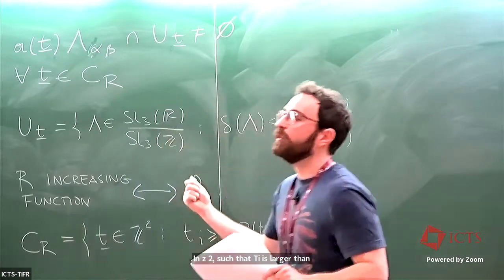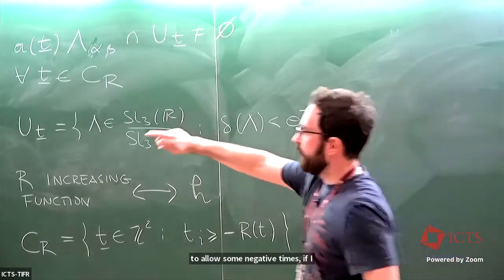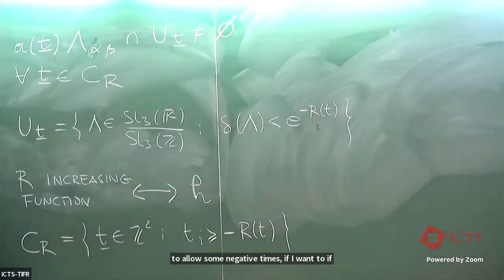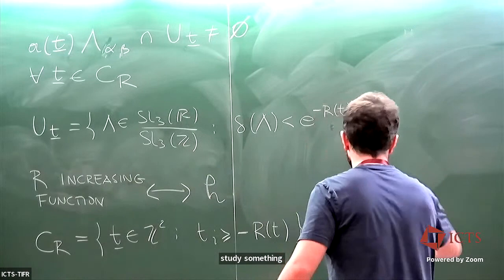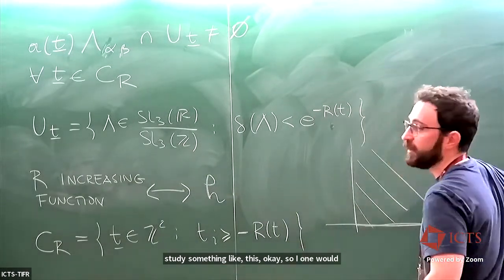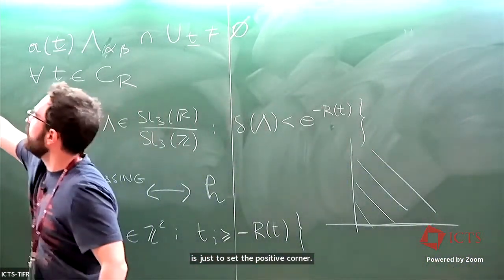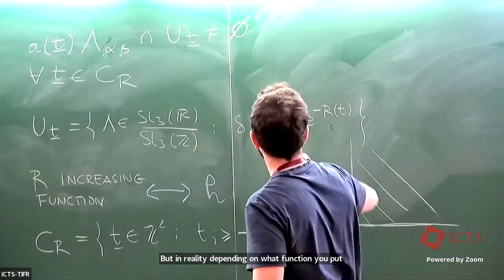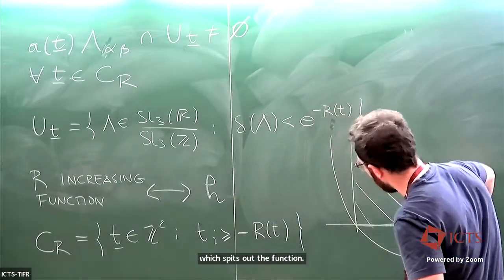So I have to allow some negative times if I want to study something like this. So essentially, one would usually expect that the set of times that you consider is just the positive quadrant. But in reality, depending on what function you put here, which spits out the function r, you will have to consider a slightly larger set of times.